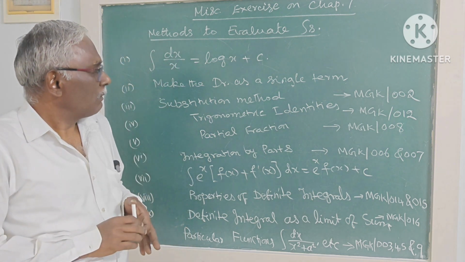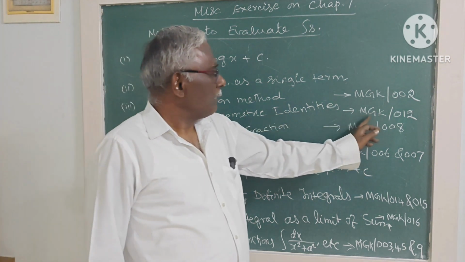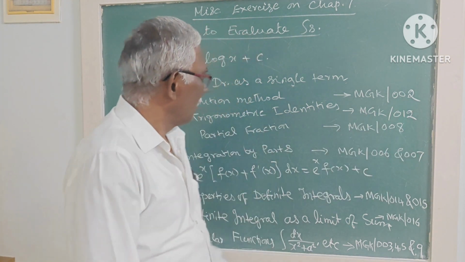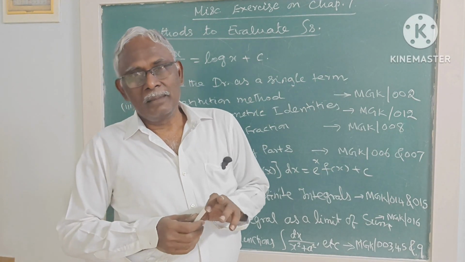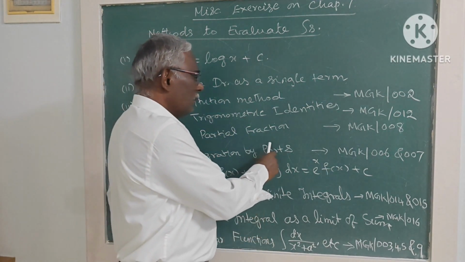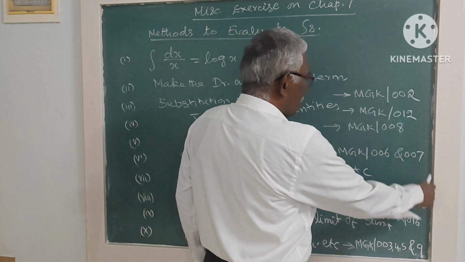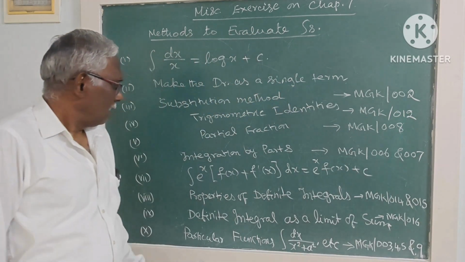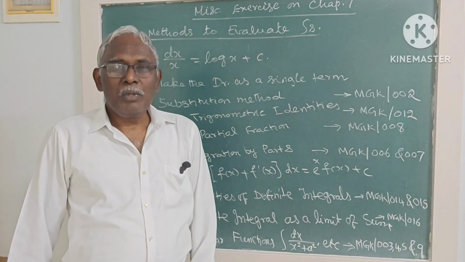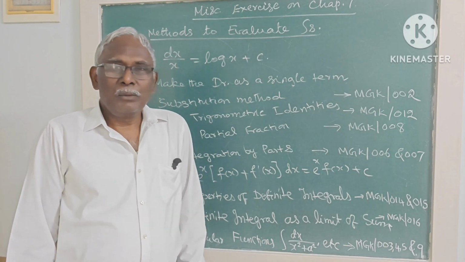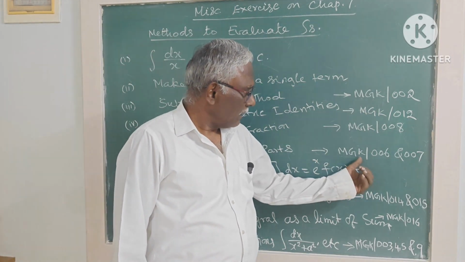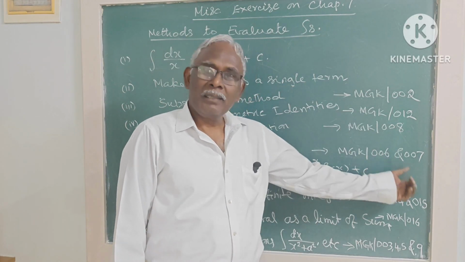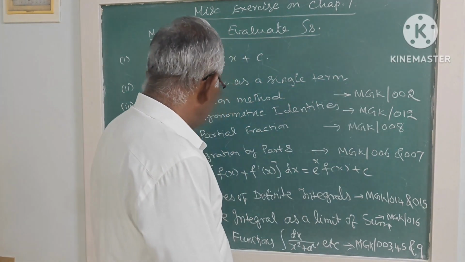Then we can evaluate that integral, that is given in MGK 012. We can also use partial fractions, and that is given in MGK 008. And in some of the integration, we can use only integration by parts. That method is clearly explained in MGK 006 and 007.